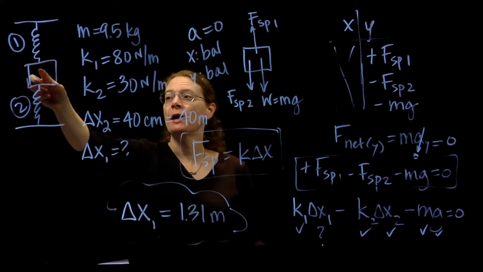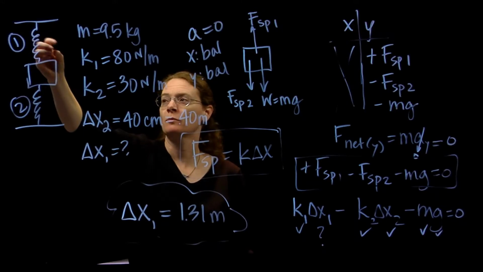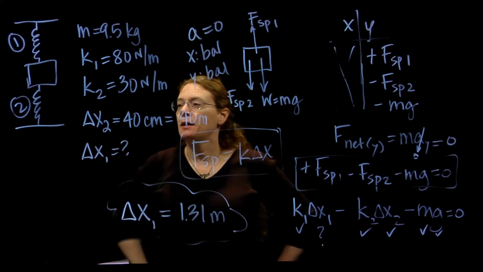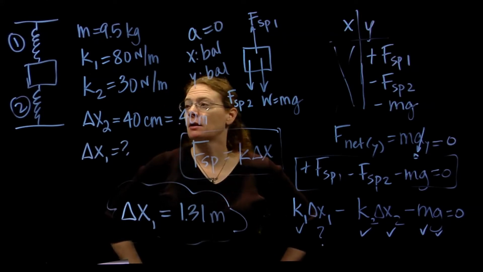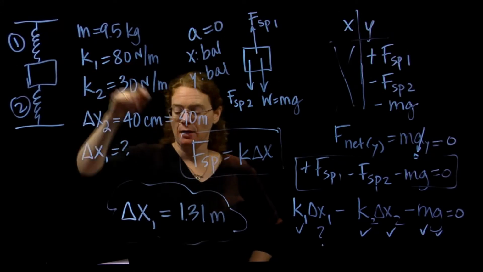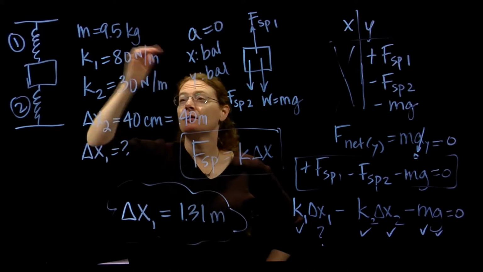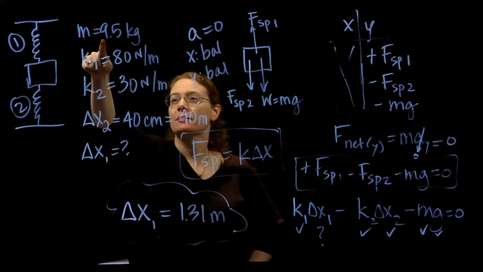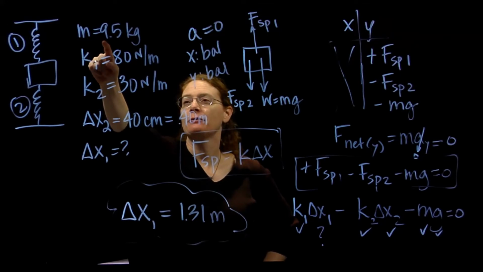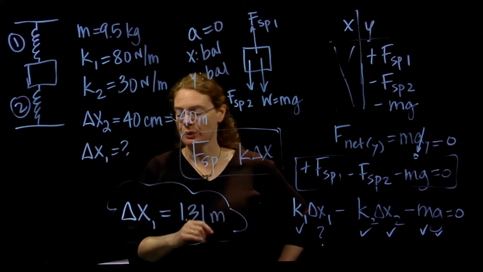You can imagine that the top spring is likely to hold much more of the weight than the bottom spring. This is a pretty light spring on the bottom. This is a heavier duty spring, but compare that with the weight of about 95 newtons. So 95 newtons and 80 newtons per meter, I'm going to say that's reasonable.